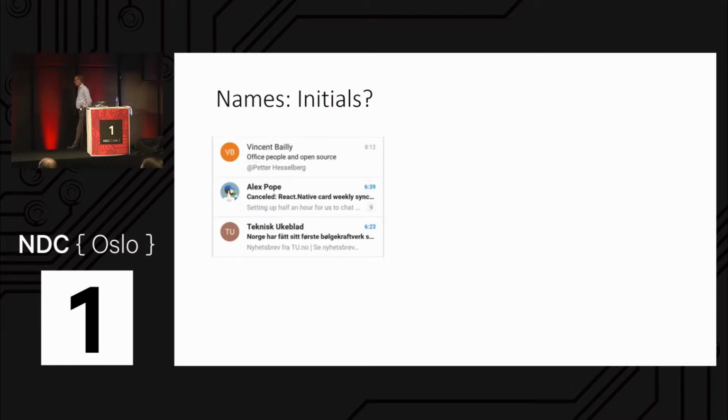Then something occurred to me today, names and initials for names. As you can see, this is a snapshot from my Outlook for Android, and the second one from the top has a picture in it. That's the picture of my boss, Alex, drinking beer, which he usually does. And the other two don't have pictures, so we just substitute their initials instead.